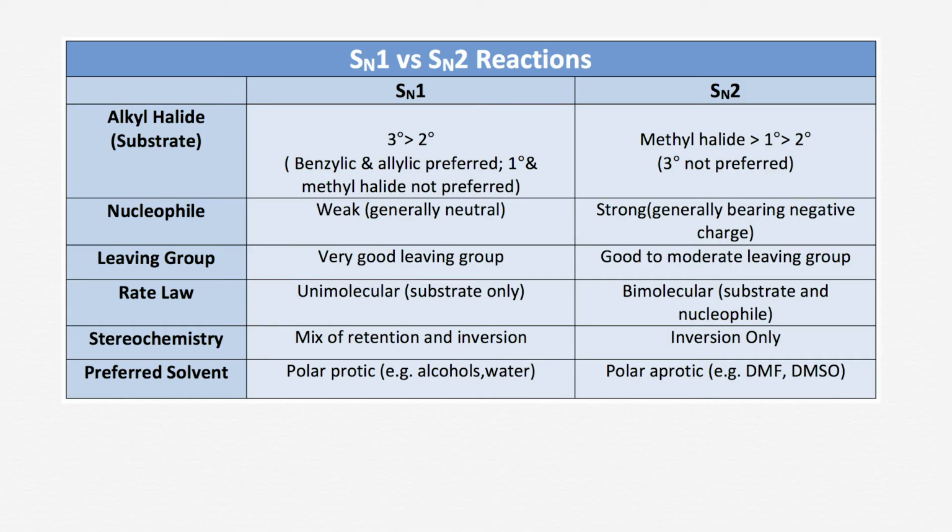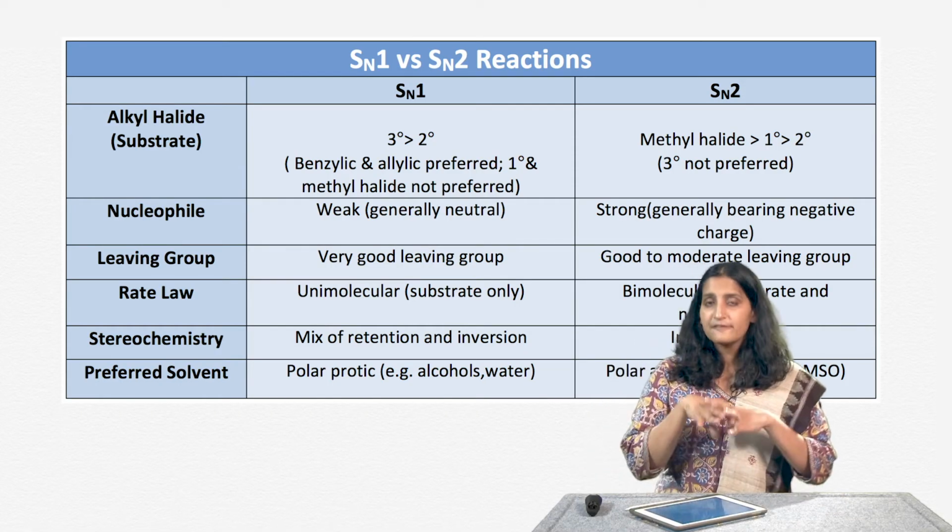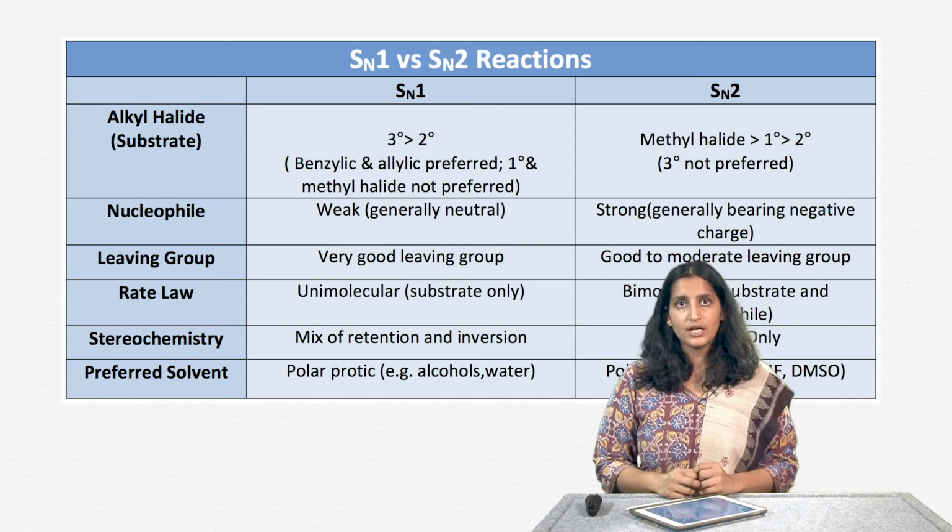The stereochemistry for an SN1 reaction, if applicable, is such that you form both the stereoisomers, although inversion is seen more prominently than retention of the stereochemistry, whereas for SN2 reactions we see 100% inversion of stereochemistry. Okay. So, we have summarized our SN1 and SN2 reactions.